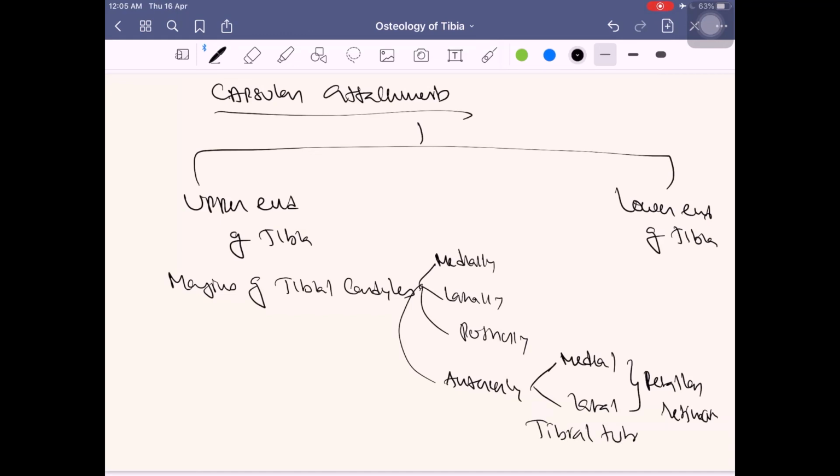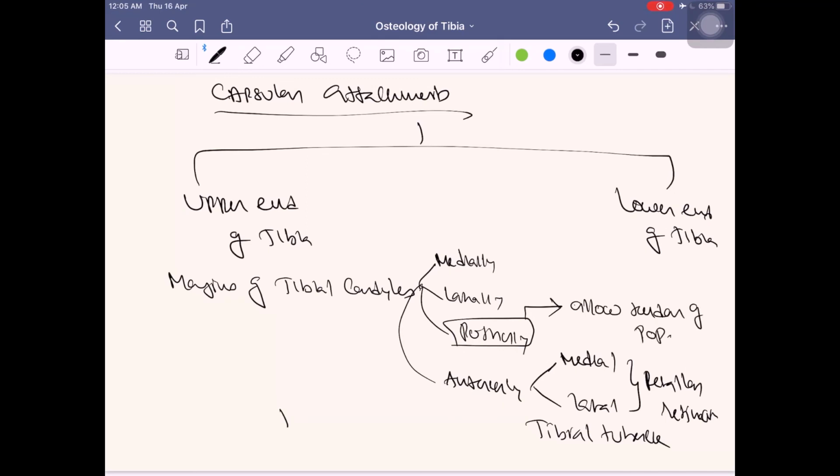And posteriorly it is deficient, just like the capsule of the shoulder joint, to allow the tendon of popliteus to pass. That is why there is some deficiency.